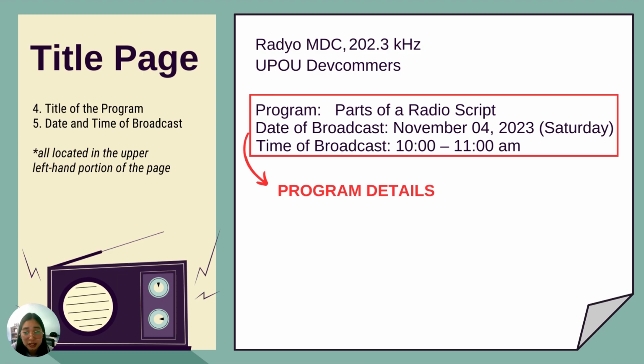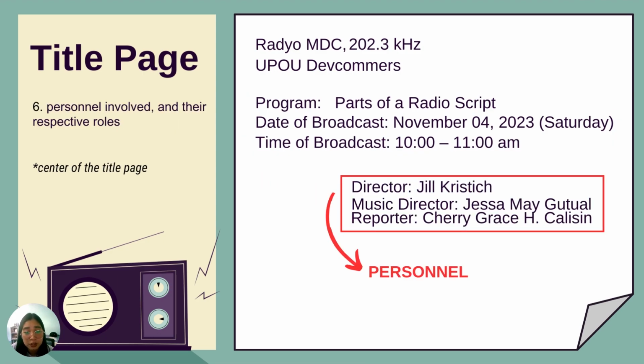Below the program details, we have the personnel involved, including their respective roles. In our example, we have Jill as the director, Jessamine as the music director, and Cherry as the reporter. These details are placed in the center of the title page.